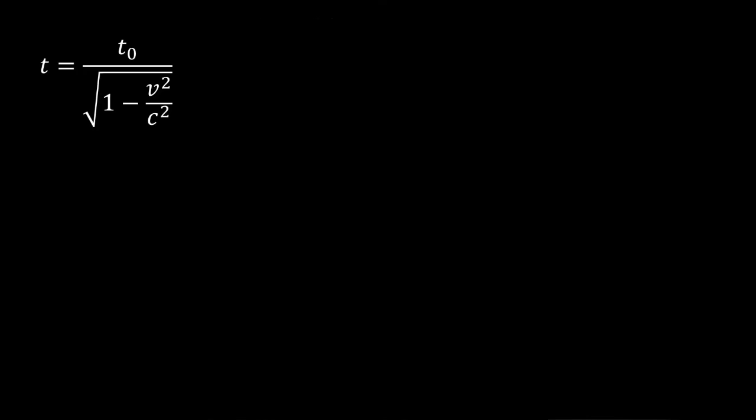Imagine that the spaceship is travelling at 86.6% the speed of light. In this situation, we get T equals T0 divided by the square root of 1 minus 0.866 squared, which equals 1 minus 3/4.